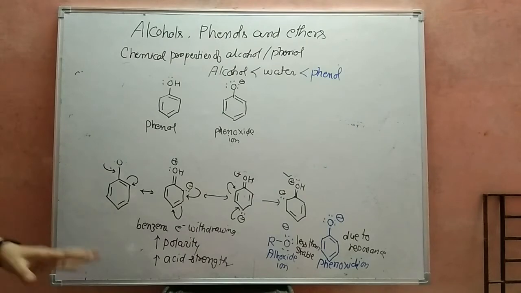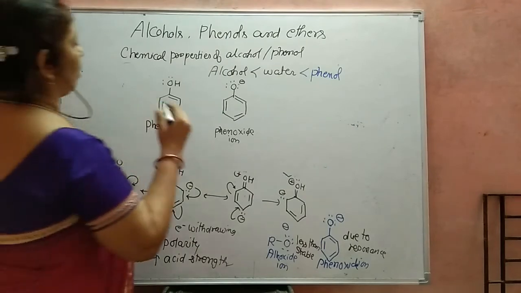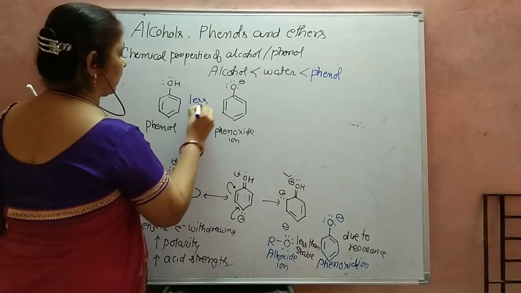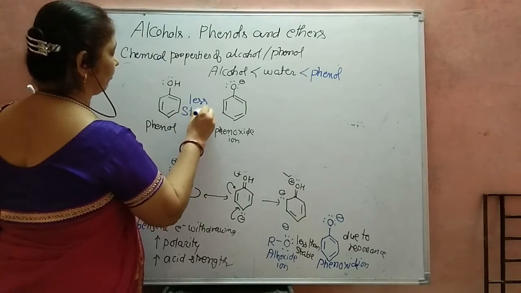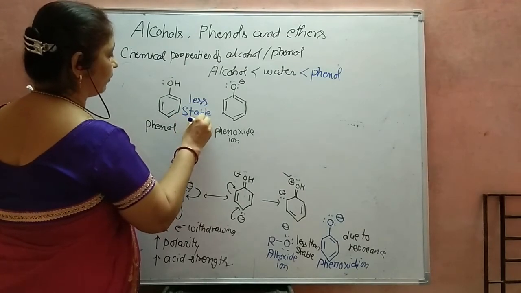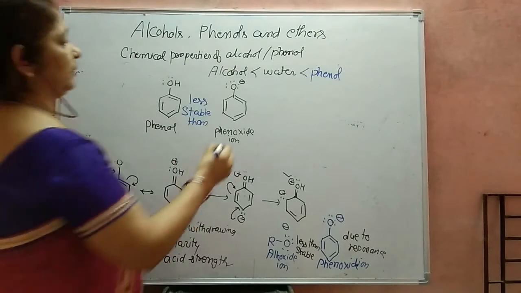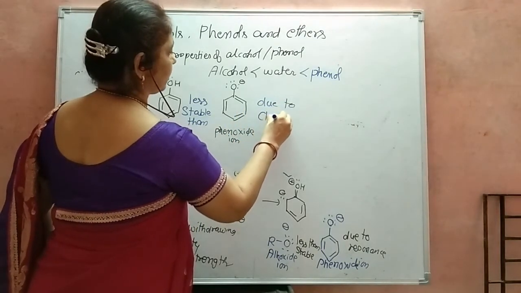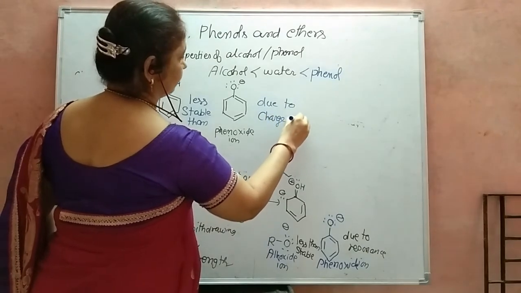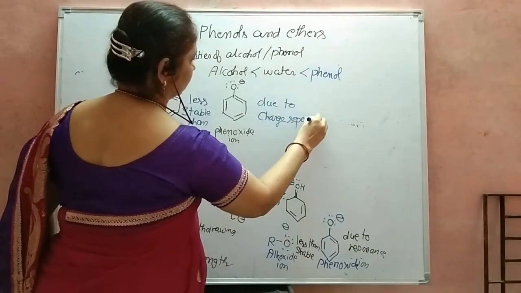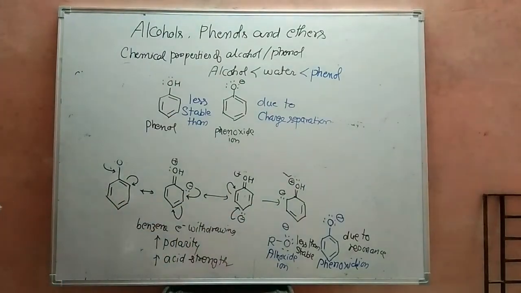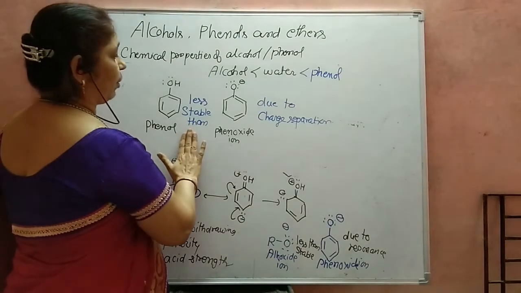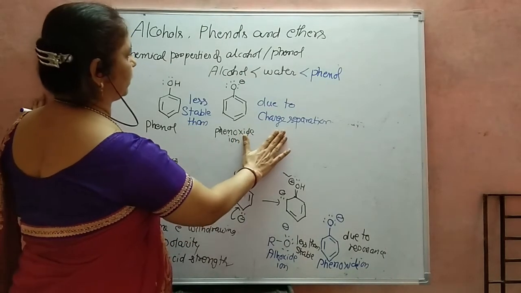Due to this separation of charge, phenol is less stable than phenoxide ion. है ना, फिनॉक्साइड आयन में चार्ज कंप्लीटली सेपरेट है, इसलिए फिनॉल के कंपैरिजन में फिनॉक्साइड आयन मोर स्टेबल है.